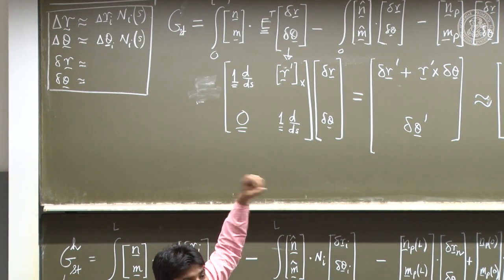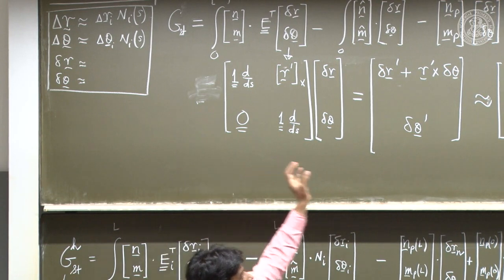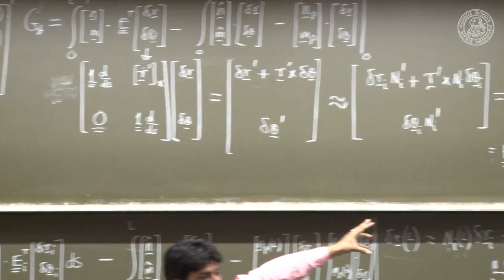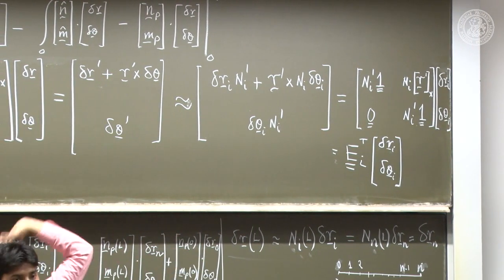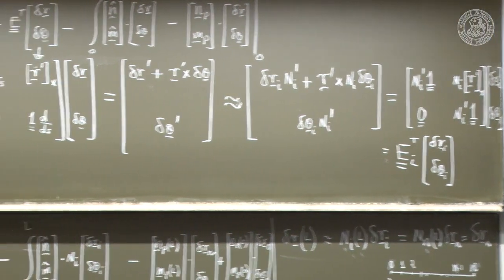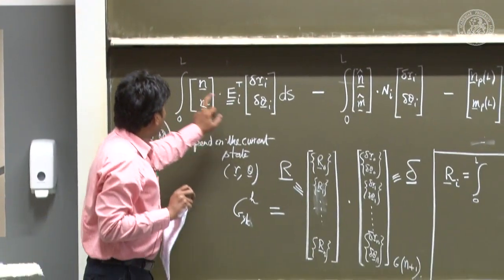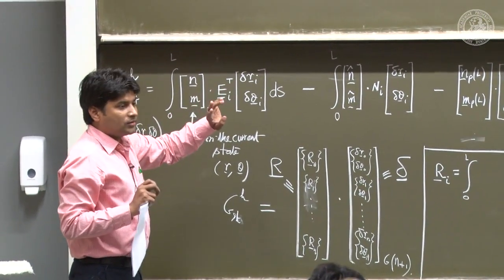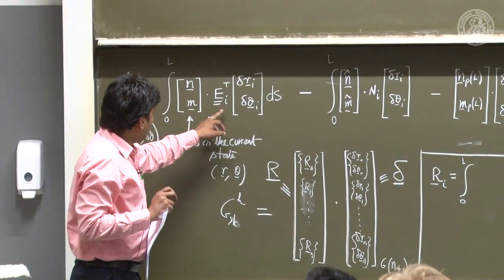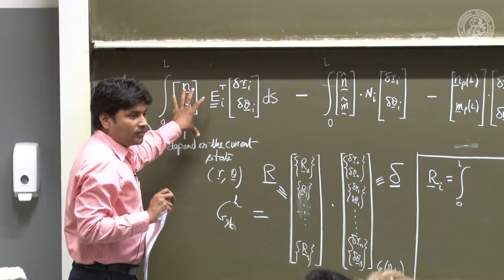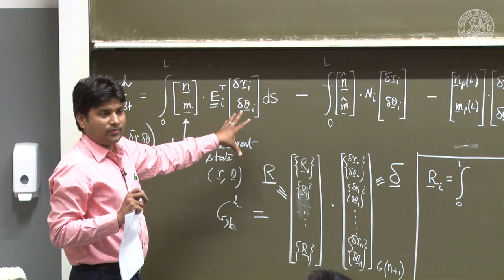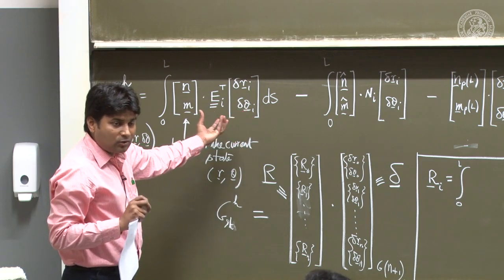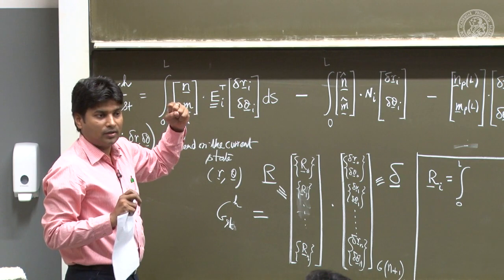So, you can't bring it on the other side, but once it is discretized, there is no d by ds, it is a usual matrix, it is no more an operator, you just bring it on the other side in the usual way. So, when you bring it on the other side, that transpose is gone and it is simply E I times N m, which is dotted with del little r I, del theta I. So, you can very well see what is the coefficient of del little r I, del theta I.